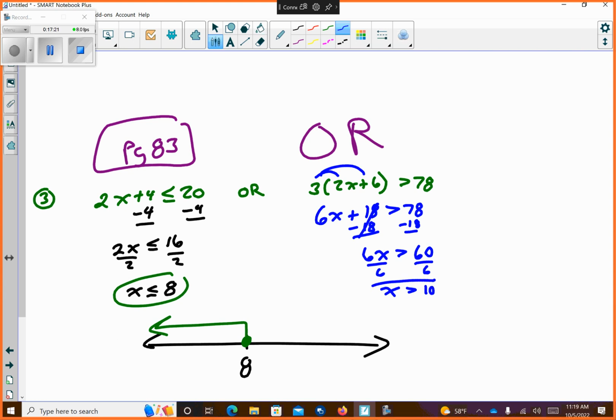Okay. So I'm going to have a 10 on there. What kind of graph? Open or closed dot? Open, going right or left? Right. All right. Okay, so we guarantee this is not an and problem. Agree? And problems have overlap.